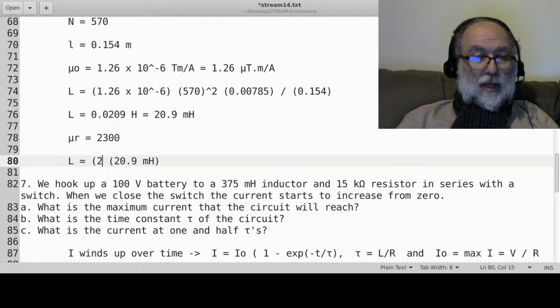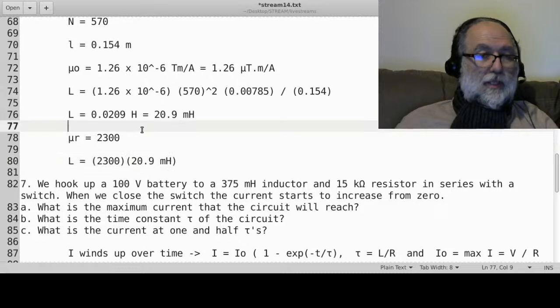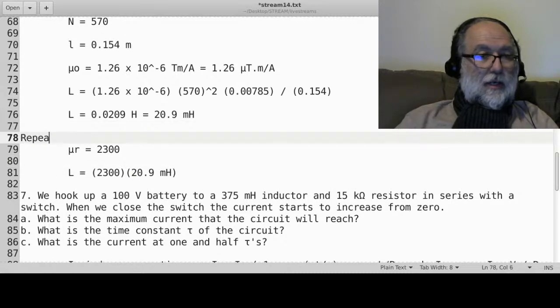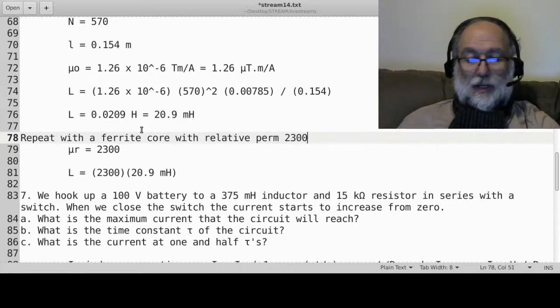So that means it's just like multiplying by 2,300. So let's say repeat with a ferrite core with relative permeability of 2,300.